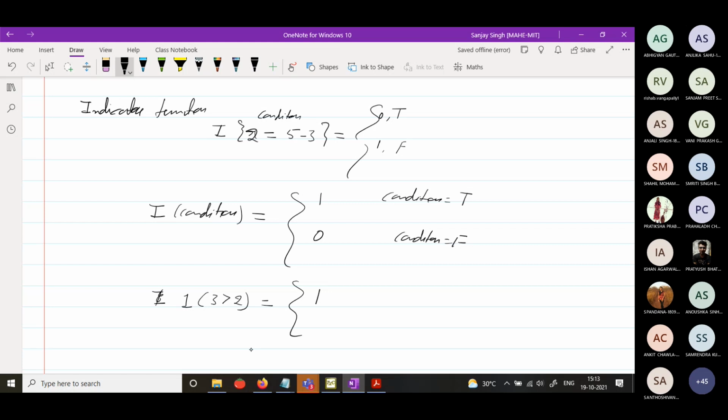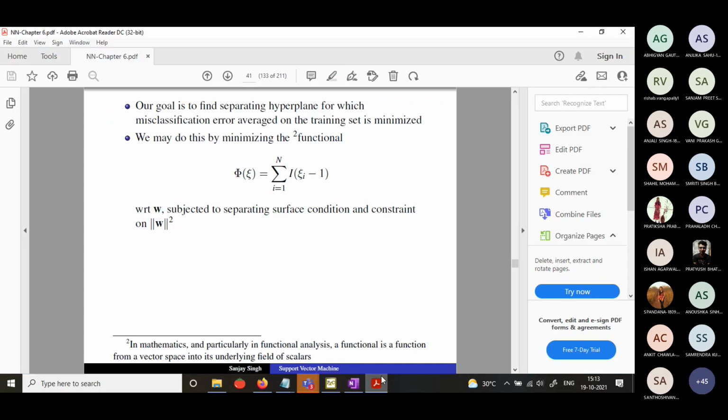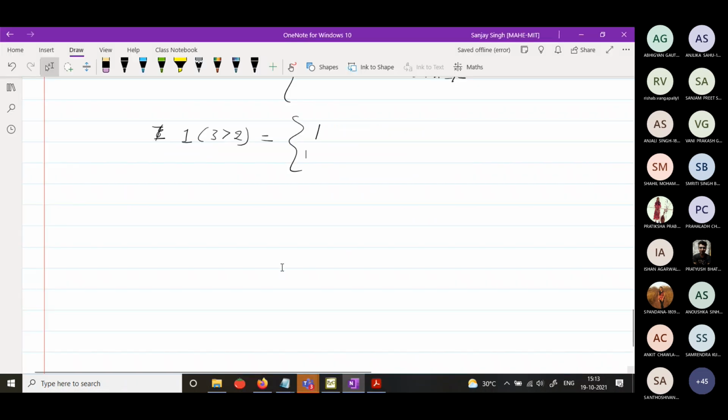Likewise, in this case, we wanted to count the number of errors. So I can sum over i equal to 1 to n, the indicator that the deviation is greater than 1.